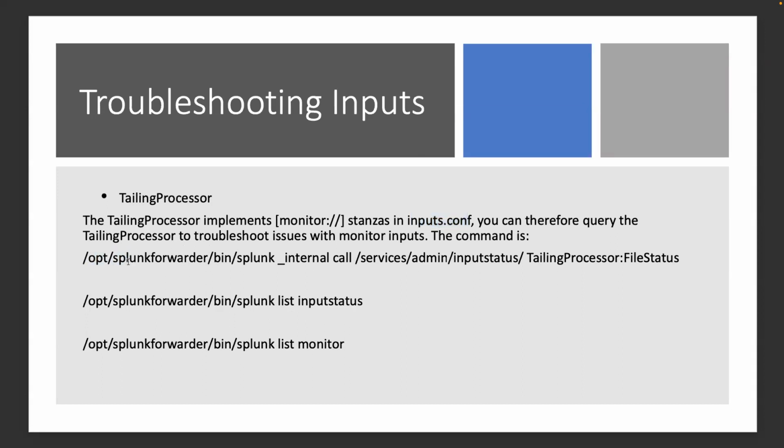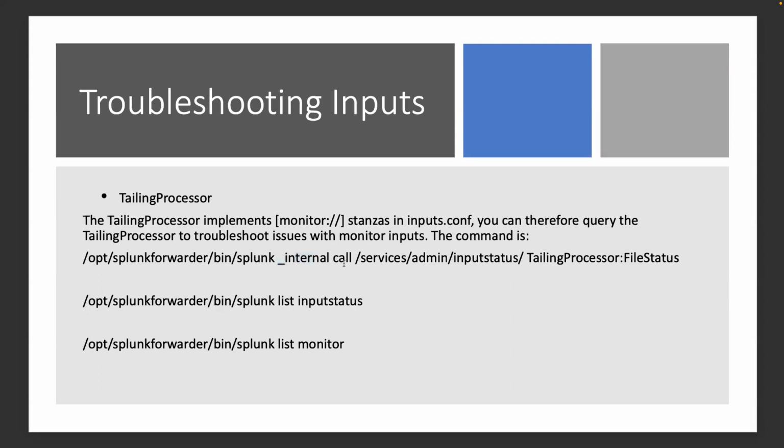You can run this command, and all of this is just the Splunk command. Up to here is the path, and this is the command splunk _internal call. Remember, the internal index is where Splunk stores whatever data it generates about itself.